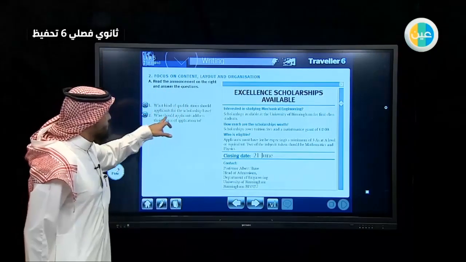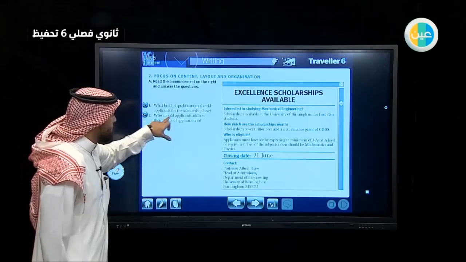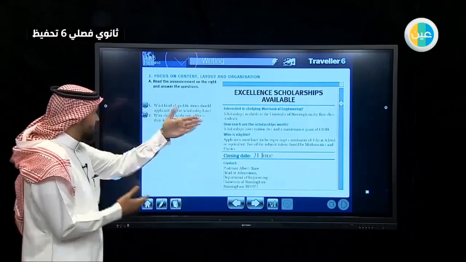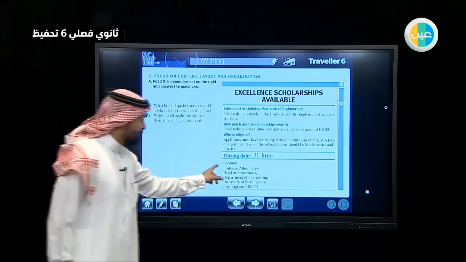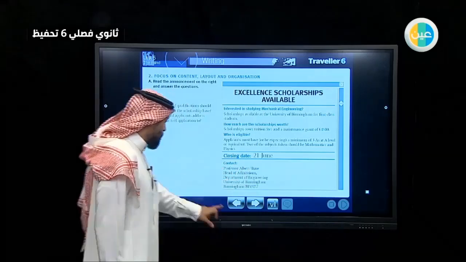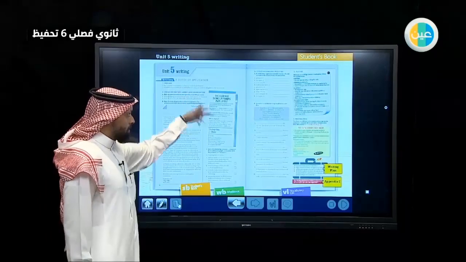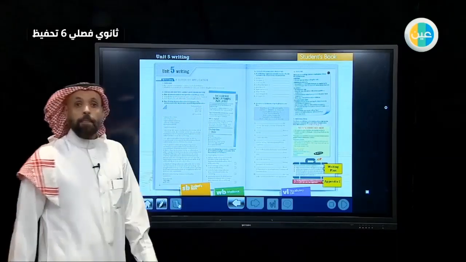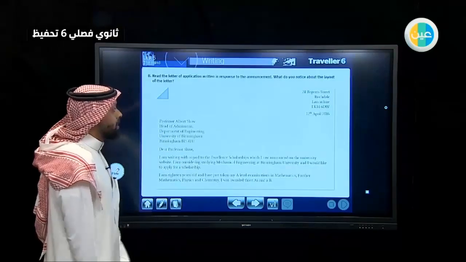Now, who should applicants address their letter of application to? Professor Albert Chow. Now, you have read this announcement and you are trying to write this letter.